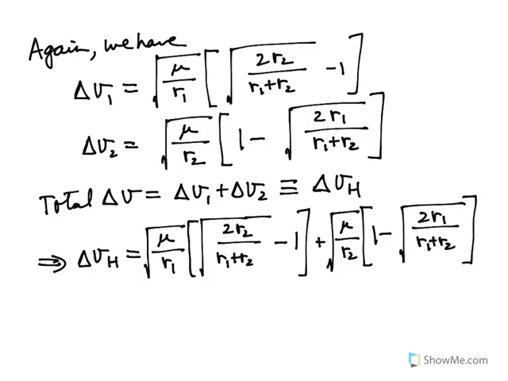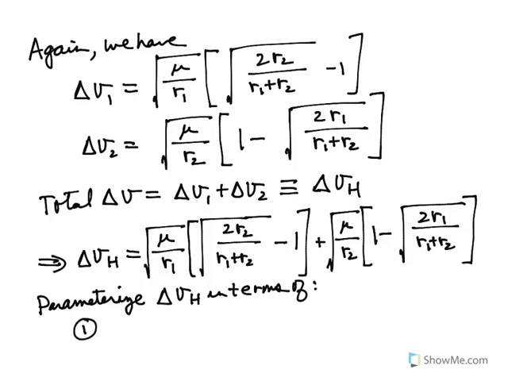Now, what we can do with this is we can actually simplify these expressions to make them in terms of a sort of a parameterization that makes it a little easier to understand what's going on. So we're going to actually use the following things. So we're going to parameterize delta VH in terms of the following.